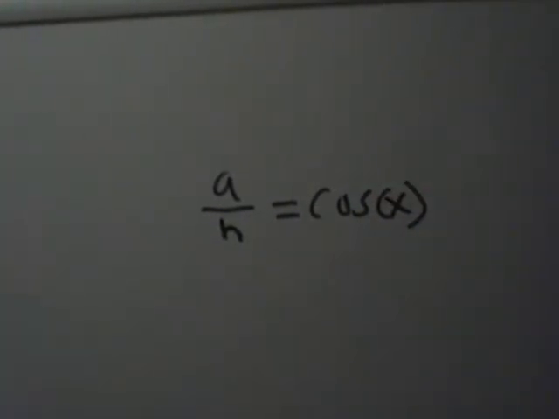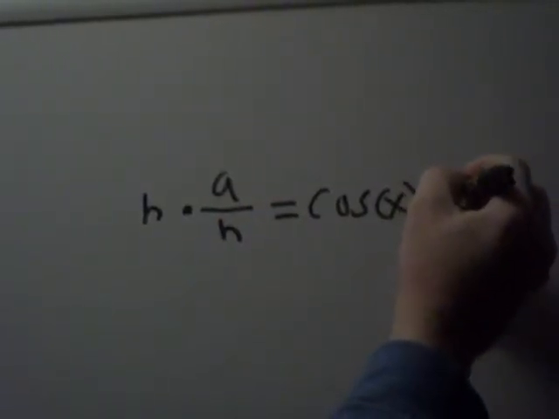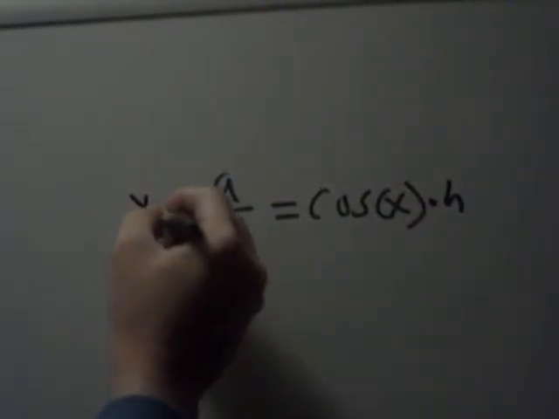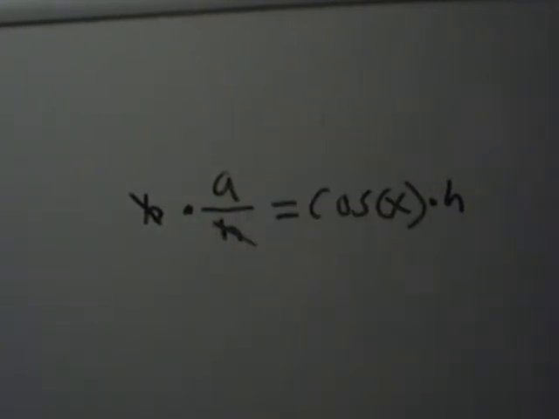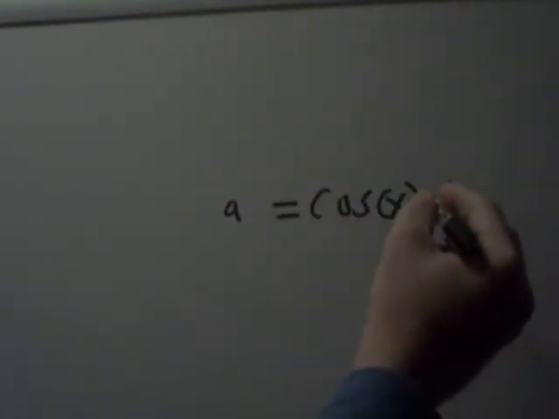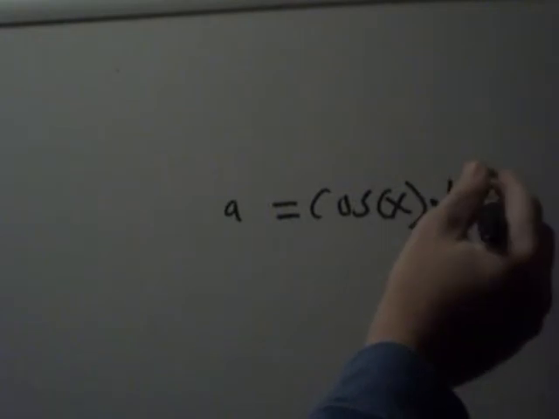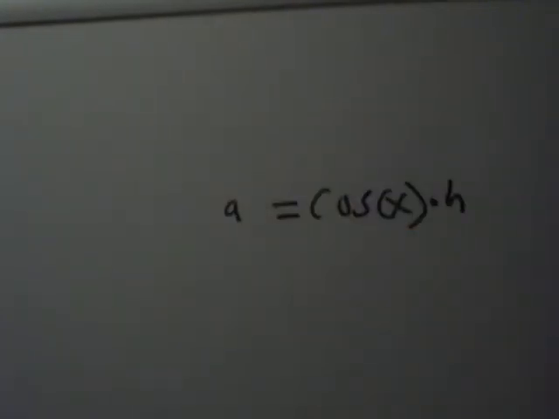Now you say, well, that's not going to help us out too much. Oh, yes, it is. Because we're going to multiply both sides of this equation by H. This cancels this, and now what you're going to be left with is the length of the adjacent side equaling the cosine of X multiplied by the length of the hypotenuse.